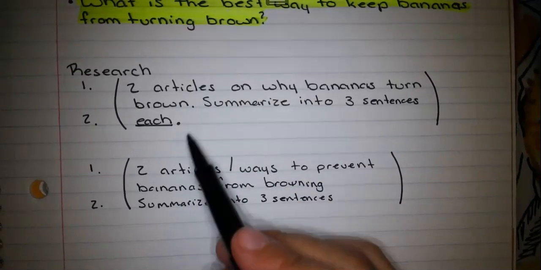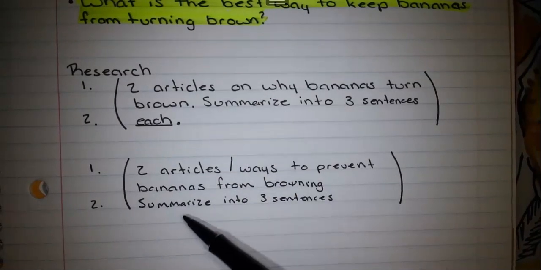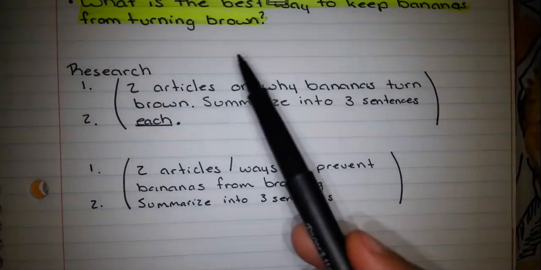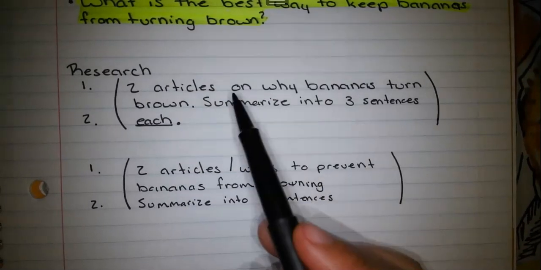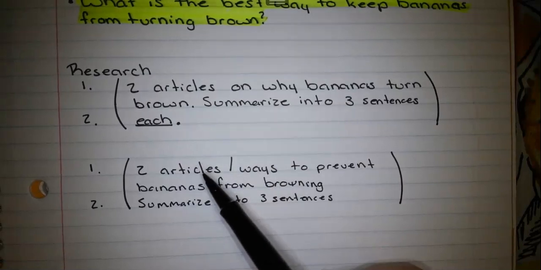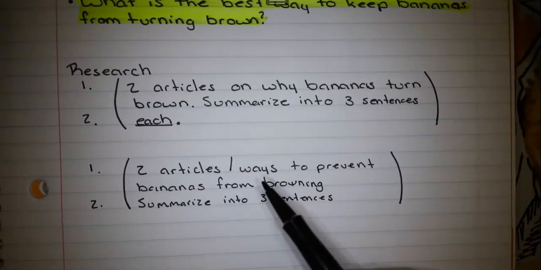Now, you can go above doing these 4 articles of research, right? But I'm asking for a minimum of 2 articles on why bananas turn brown and 2 articles to prevent bananas from browning. And I want them summarized into 3 sentences each article, okay?